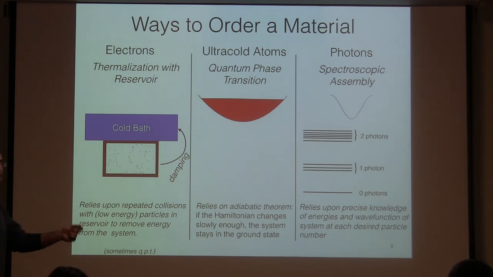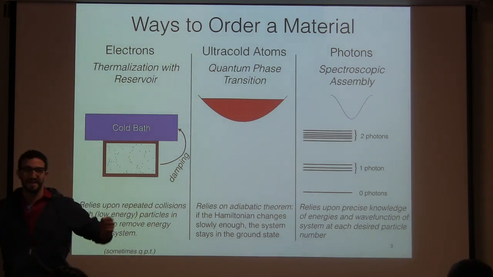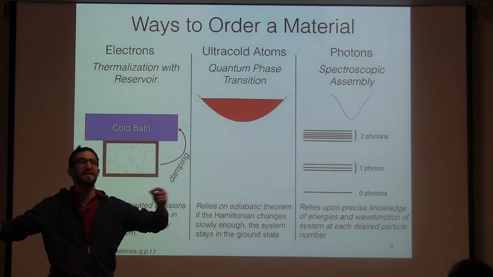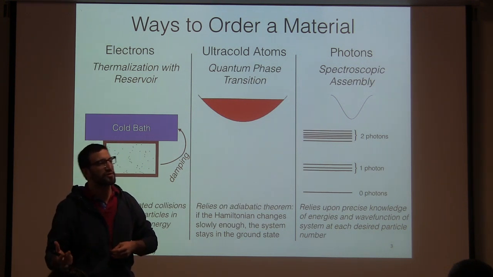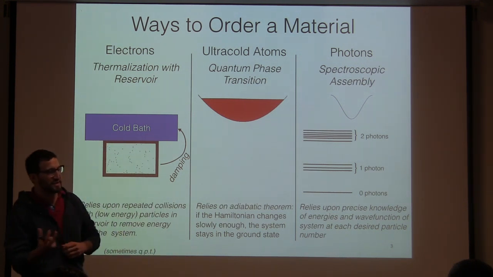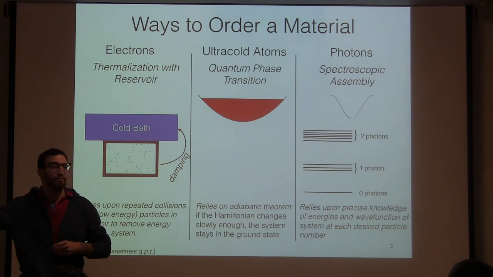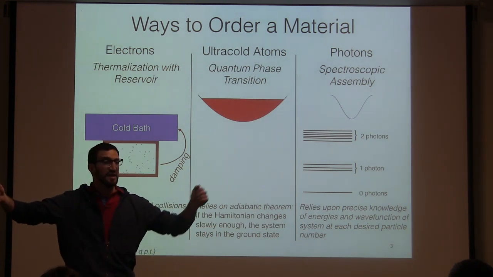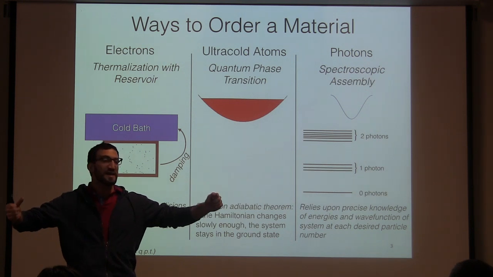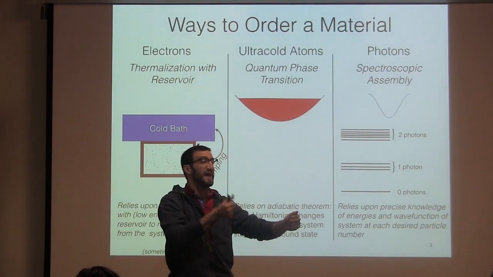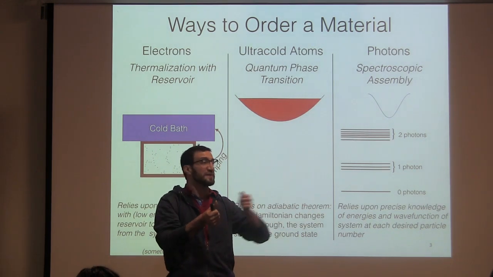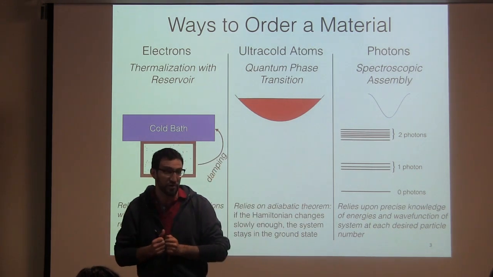And so the physical picture you should have in mind is that if I have two particles with similar energies colliding, which one ends up with more energy and which one ends up with less energy is less clear, right? But if I have one particle with a lot of energy collide with one particle with very little energy, it's quite likely that after the collision, the one that had a lot of energy is going to end up with less, and the one that had very little is going to end up with more.